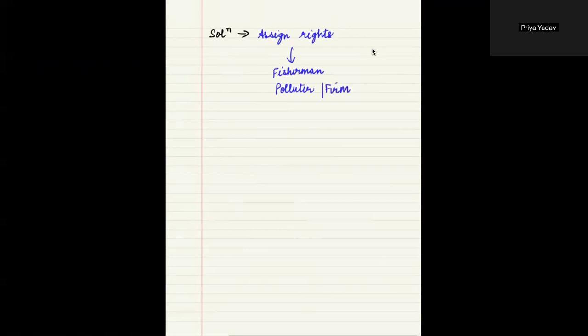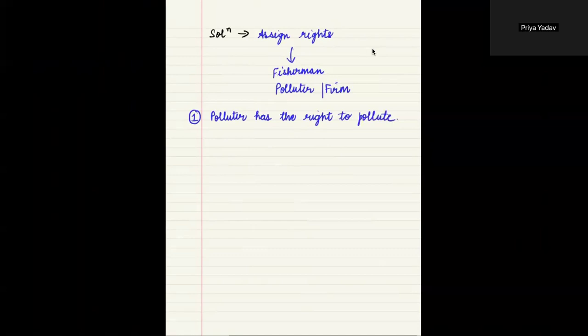Now, two situations are possible. The first case is that the polluter has the right to pollute.